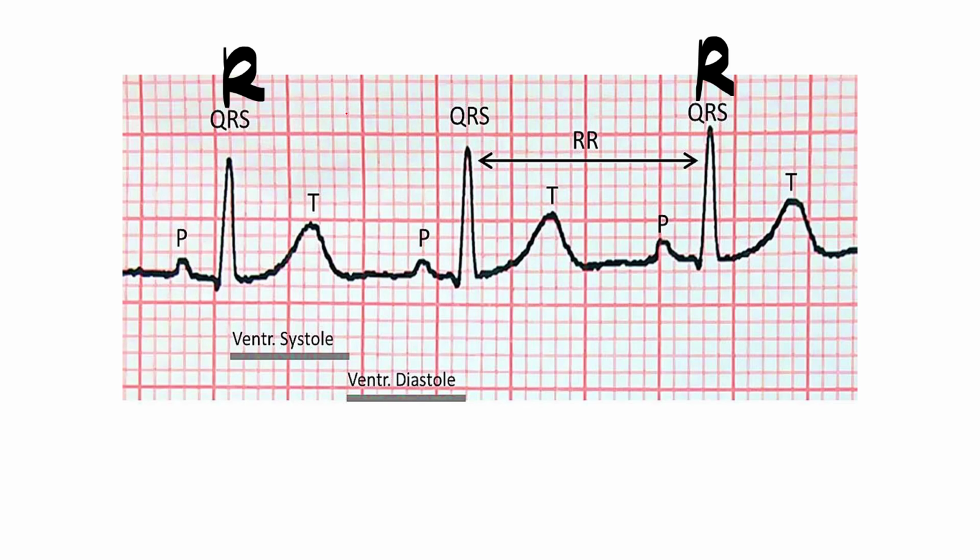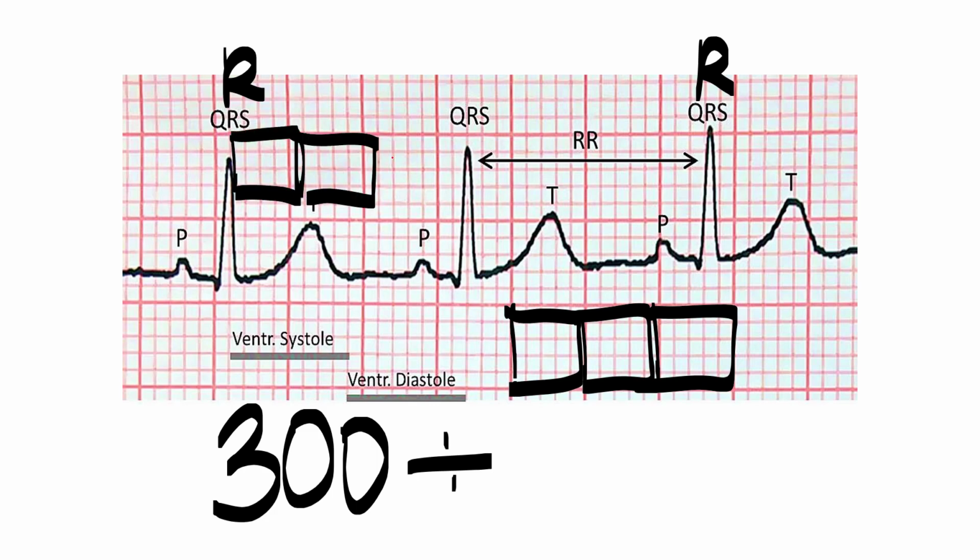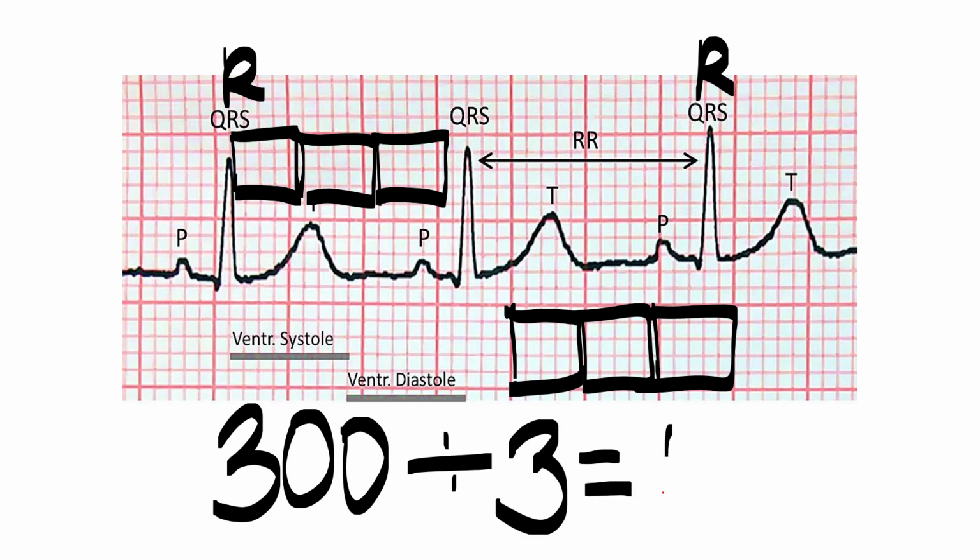You can count the number of small boxes and divide that into 300. Again, that magic number 300 only comes from running your ECG at a standard speed. In the case of this ECG, you have a little more than 3 boxes, which suggests that their heart rate is probably around 100, maybe a little bit below 100, since it's a little more than 3 boxes.